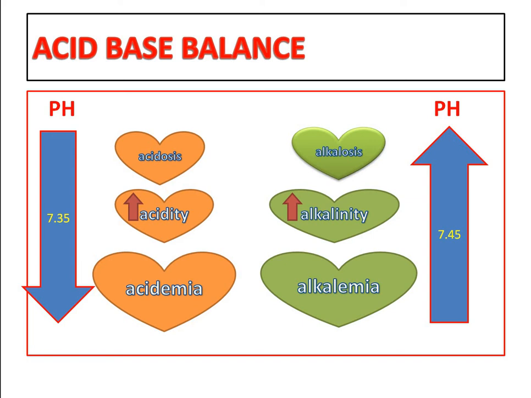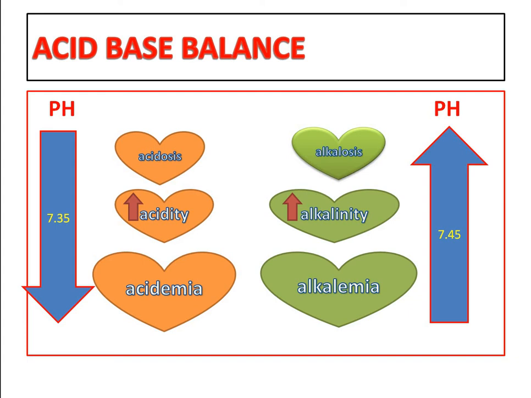Okay, so what is acidosis? Acidosis means increased acidity, means increased hydrogen ion concentration. What is acidemia? When pH is less than 7.35, that is acidemia. Then what is alkalosis? Alkalosis means increased alkalinity. Then what is alkalemia?